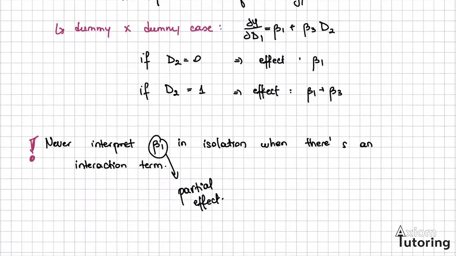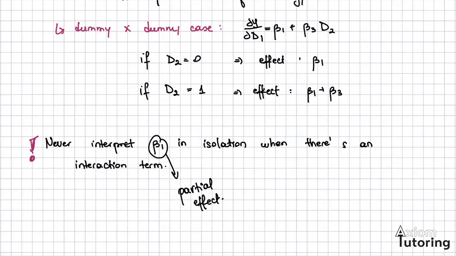So from now on, instead of saying X increases Y by beta 1, you will have to say the effect of X on Y depends on Z. At Z equals some value Z0, let's say, the effect is going to be beta 1 plus beta 3 Z0. This is the language of interaction models, and getting comfortable with it will make your studies and the results in different exercises a lot easier.